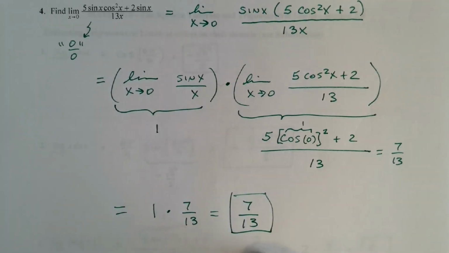It should be approaching 7/13. Keep in mind, though, when you are doing any limits involving the trig functions, that you are in radian mode in your calculator. Make sure you're in radian mode if you're using the numerical techniques to estimate limits.